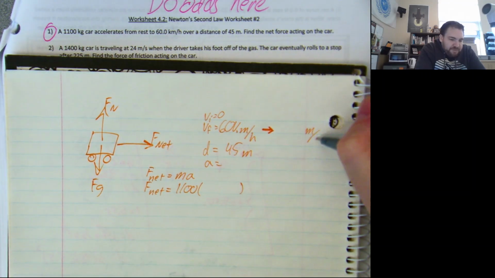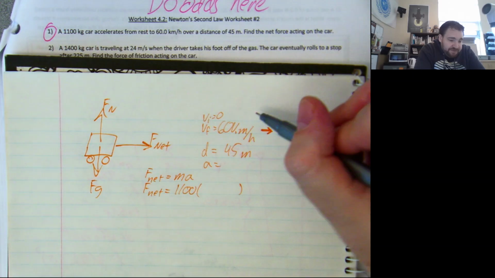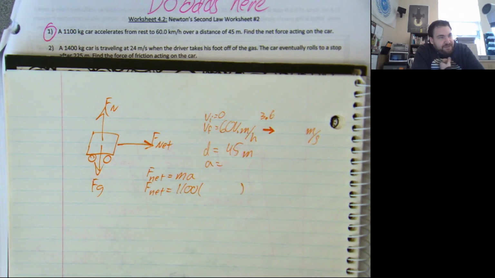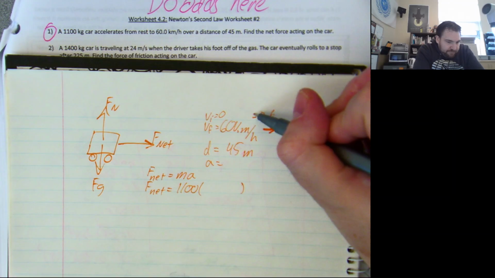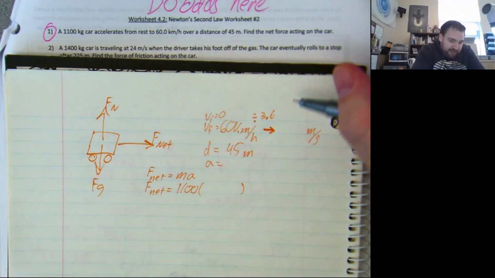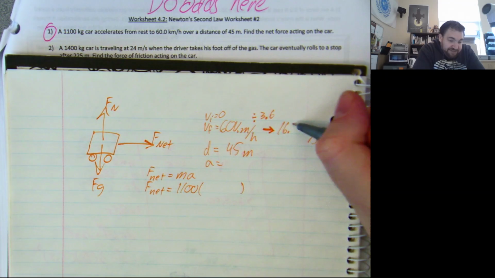To convert kilometers per hour into meters per second, it's going to involve this number 3.6. Am I multiplying or dividing by 3.6 to put this into meters per second? You are dividing. So 60 divided by 3.6 is going to be 16.6 repeating. So we're going to call that 16.7.